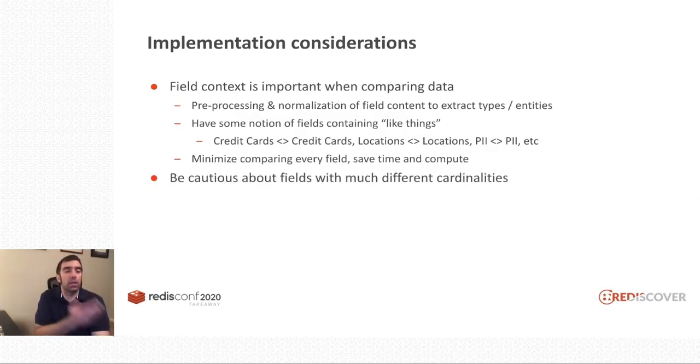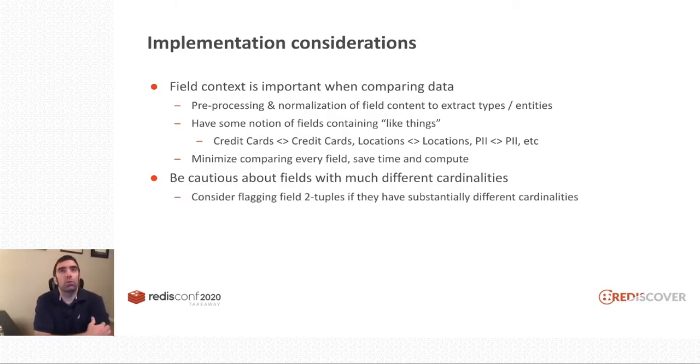And then, as we saw before, you want to be cautious about fields with much different cardinalities. As I mentioned before, Newstar recommended 20x. We were able to demonstrate that it still works pretty well at 40x. I think your mileage may vary depending on your exact use cases and the types of data you're working with.